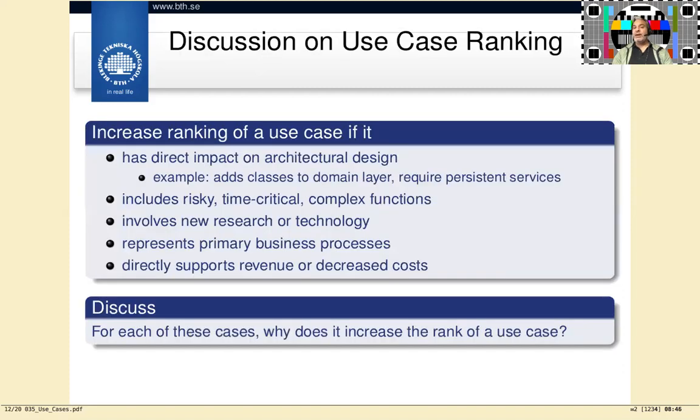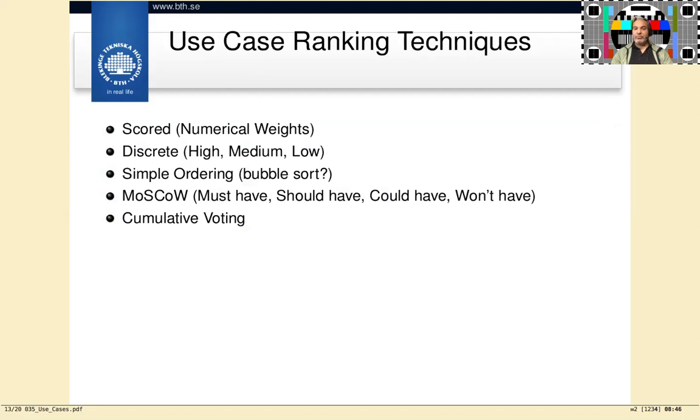We talked about how if a use case has a direct impact on the architecture design, includes risky, time-critical, complex functions, new research and technology, primary business processes, or directly supports revenue or decreased costs, these are all indications that these use cases are things that I should start working on sooner rather than later. I talked about the different prioritization techniques, so let's not dally on them.